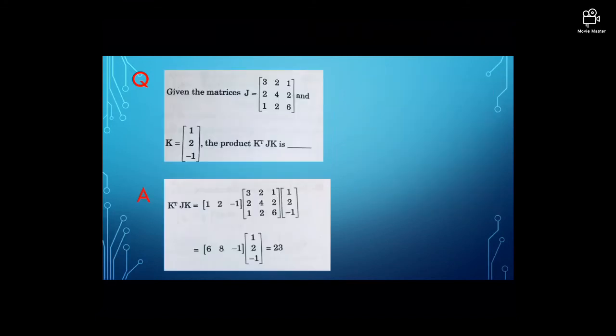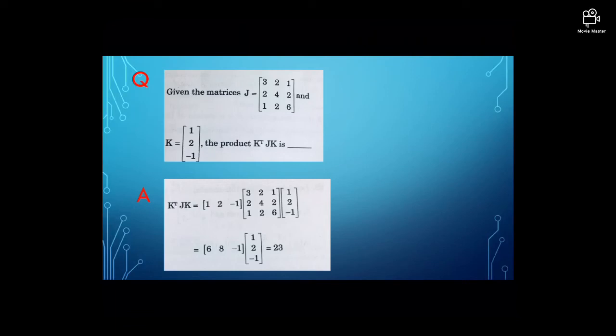So next question, given the matrices J is equal to 3 2 1, 2 4 2, 1 2 6 and K is equal to 1 2 minus 1, the product K transpose J K is what? So we know when we find the product of matrices, it's not like the product of numbers, so the order we have to follow.